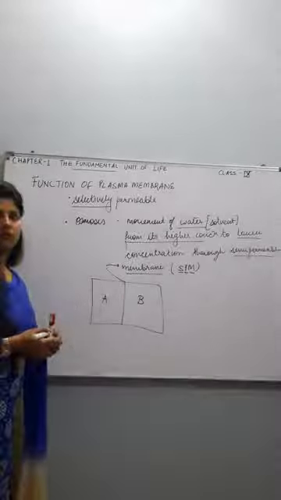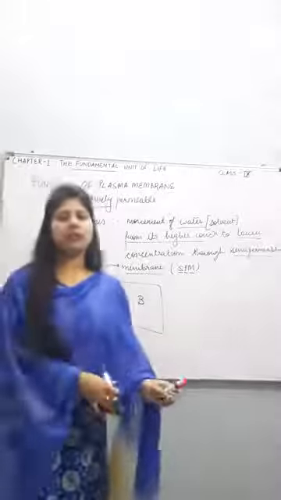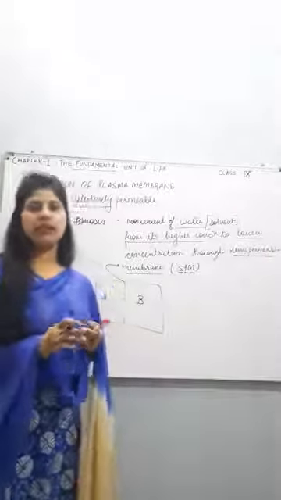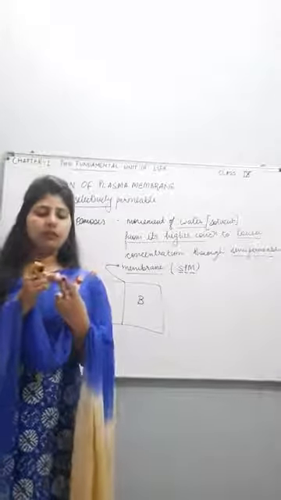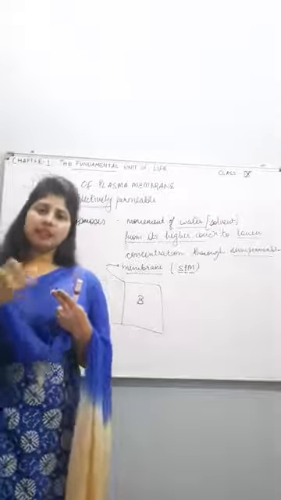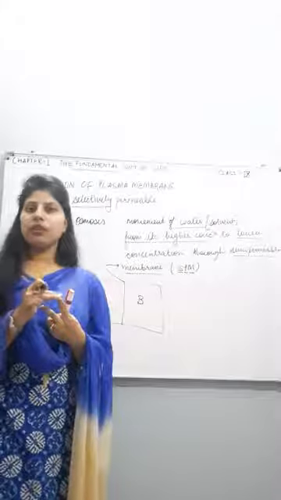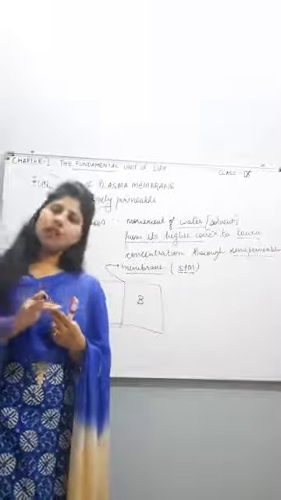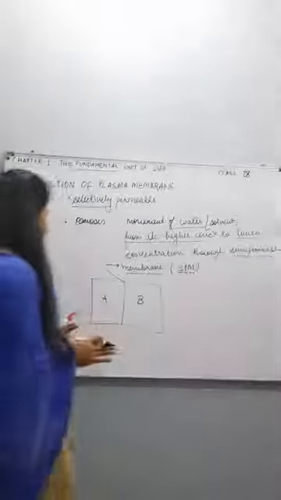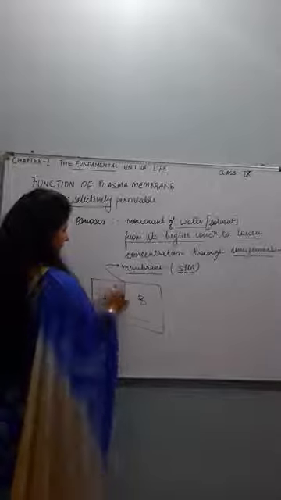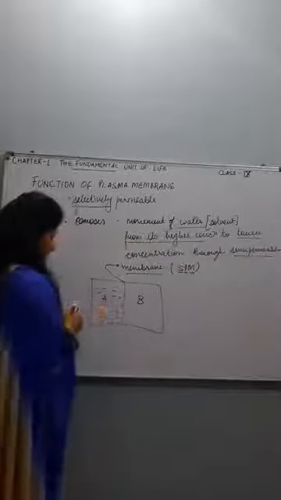Solution means, you know what is a solution? A solution is made by adding 2 things together. One will be the solvent, another will be a solute. Solvent is present in maximum concentration, while solute is present in lower concentration. So let's say we have one solution here, and here the solvent is more while solute is less.